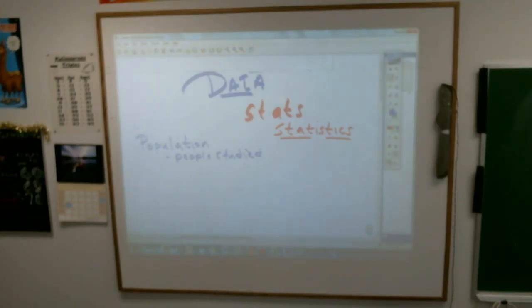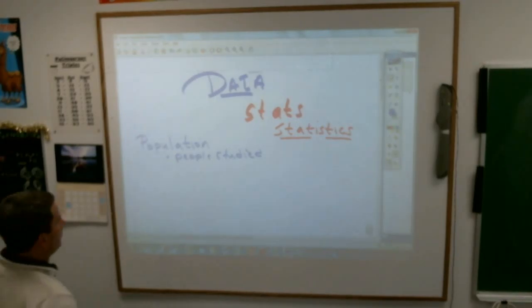It says, suppose the managers of a theme park plan to build a new restaurant in its grounds, and the managers want to know the preferences of the park attendees. The manager can collect information by conducting a survey. The people in the survey are called the population.